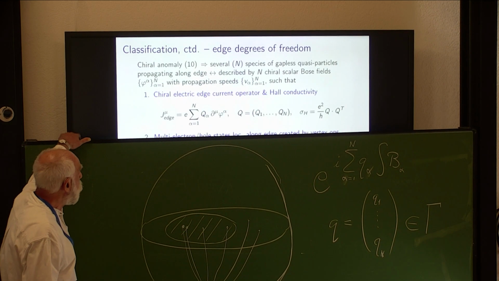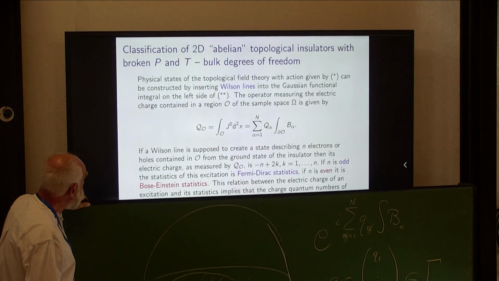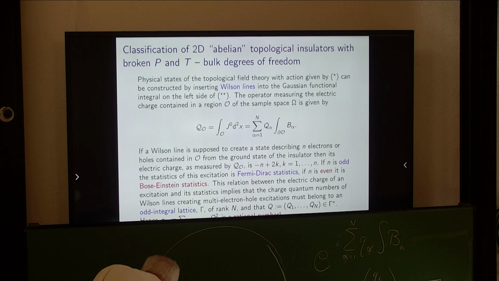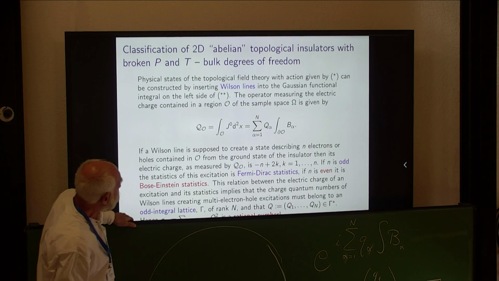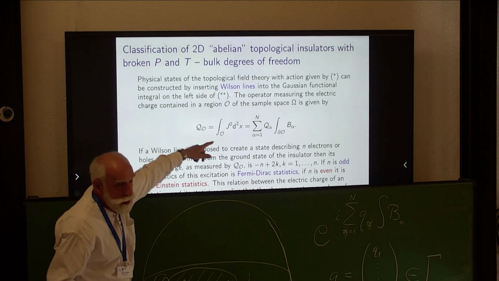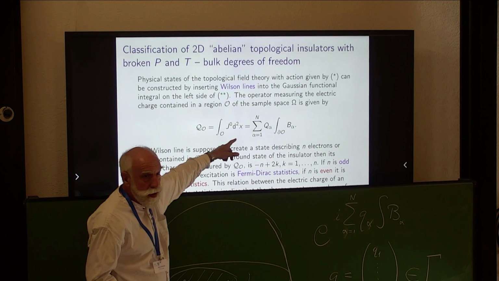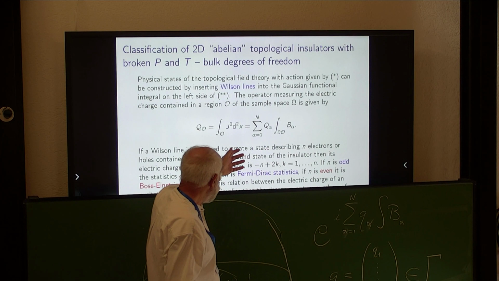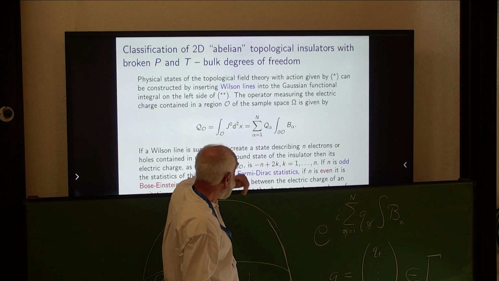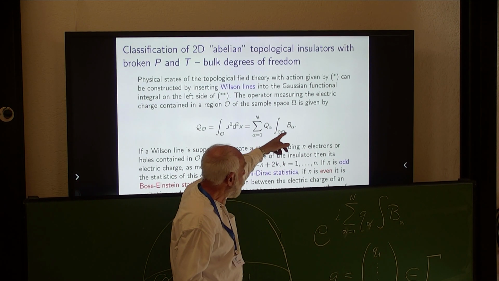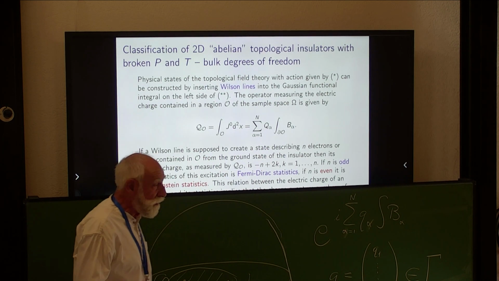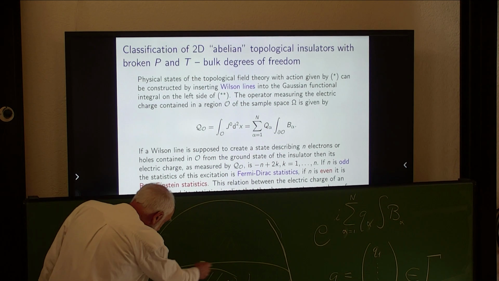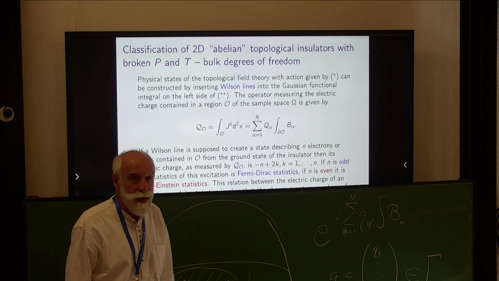Well, the charge operator inside this region O is given by integrating the zero component, the charge density, over O. But by Stokes, this is the same as the sum over alpha from 1 to capital F, Q alpha times the line integral of the vector potential B alpha along the boundary of O.